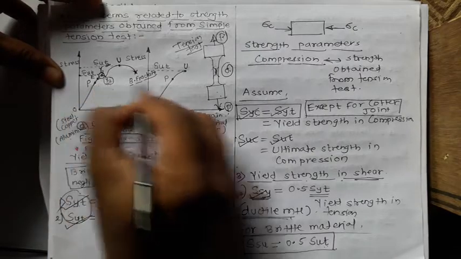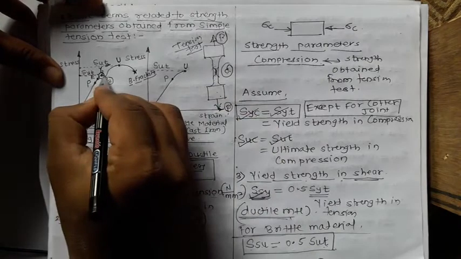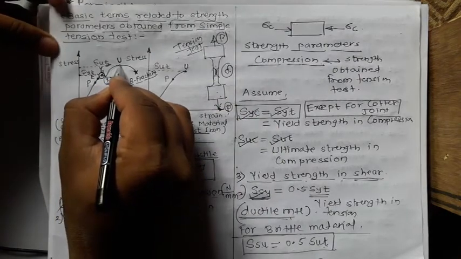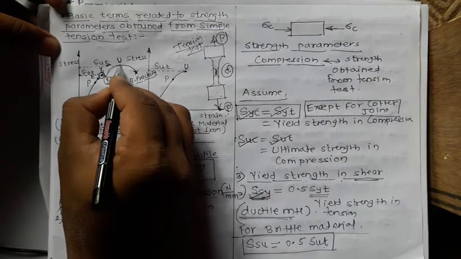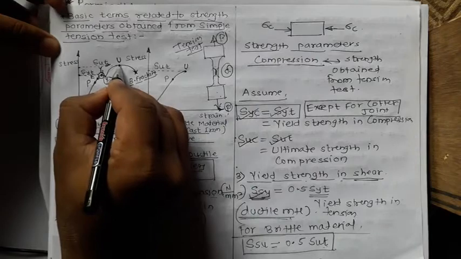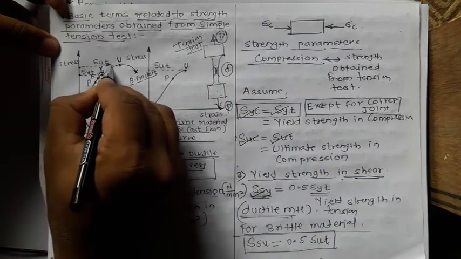Now if you increase the load further, the stress increases in the specimen, and it will reach its maximum stress. Beyond that, you cannot increase the load. This maximum stress in the specimen is called the ultimate stress, that is SUT.